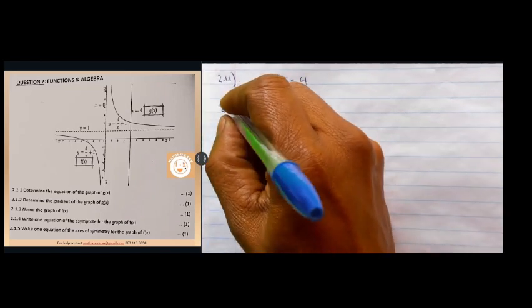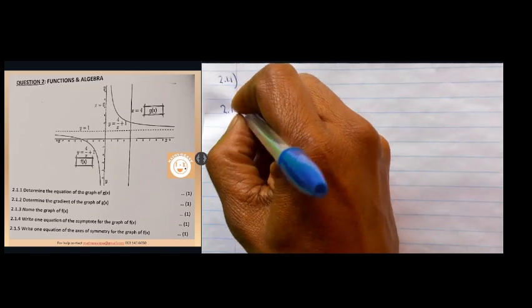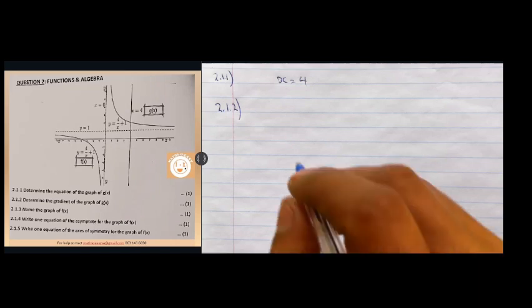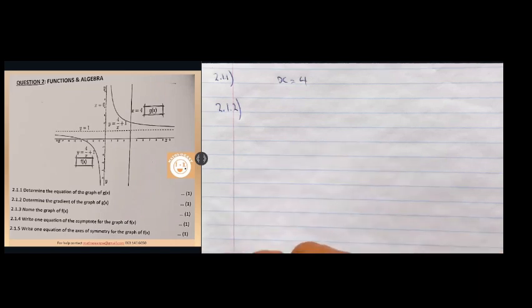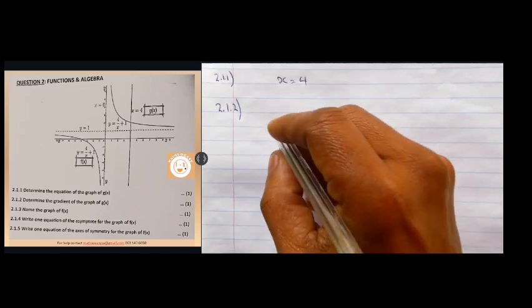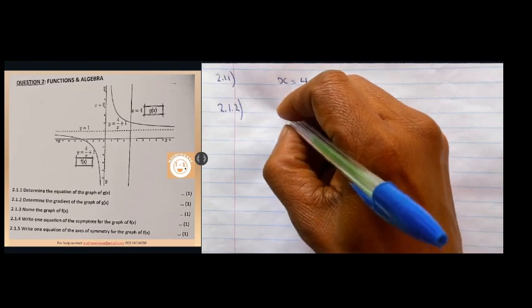Then 2.1.2, they say, determine the gradient of the graph of g of x. Whoa, gradient. Okay, these questions, you are supposed to know your maths. Supposed to know your concepts and the behavior of your functions and all the features. All right. So in this one, you are supposed to say not defined.